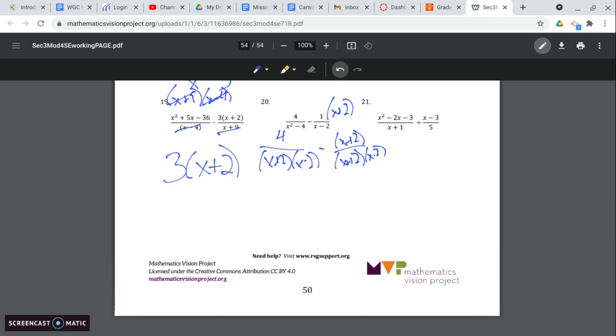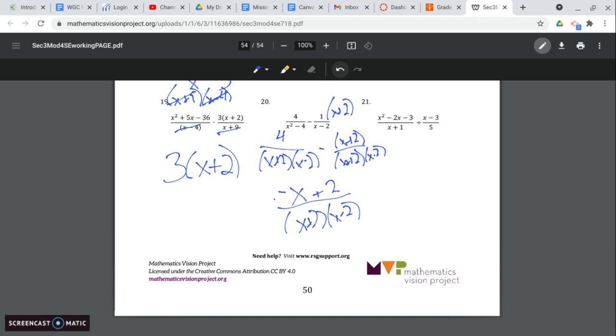As a result, we're subtracting them, so we're going to end up with negative x. 4 minus 2 is 2, so plus 2 over x plus 2, x minus 2.